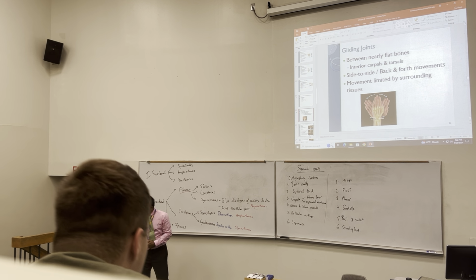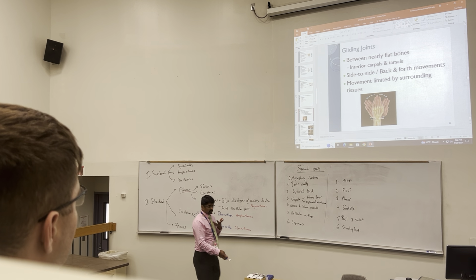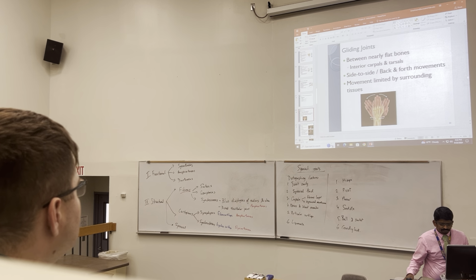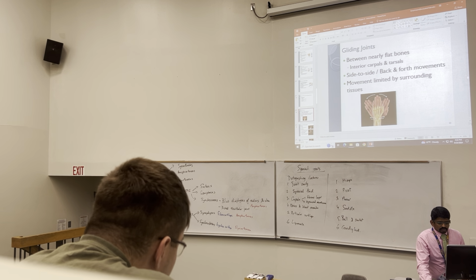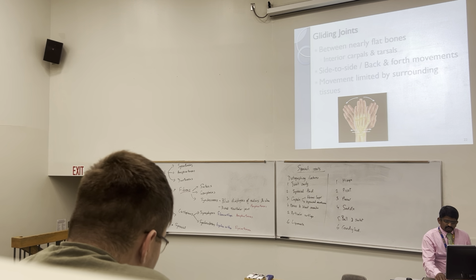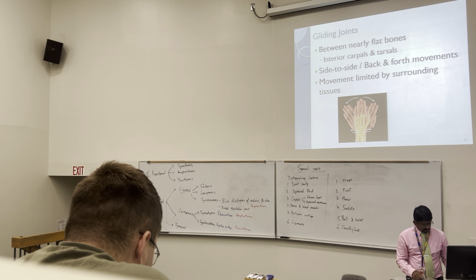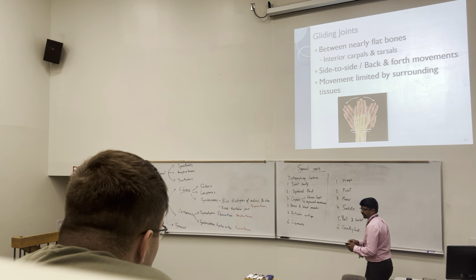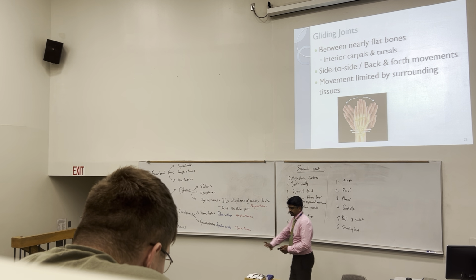Good. So today we're going to talk about some movement and two of our joints which do get injured a lot. Okay? So gliding movements is between planar joints. Okay? So from side to side, back to forth. Think about your ankles moving.